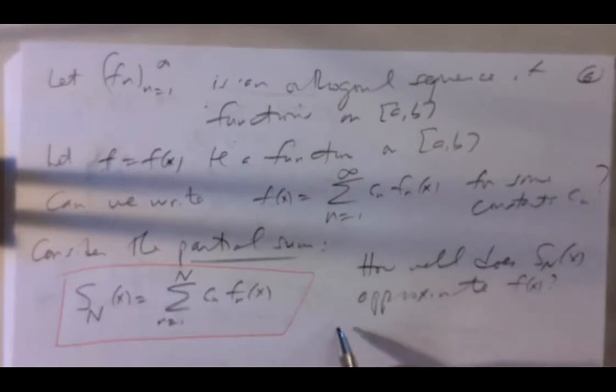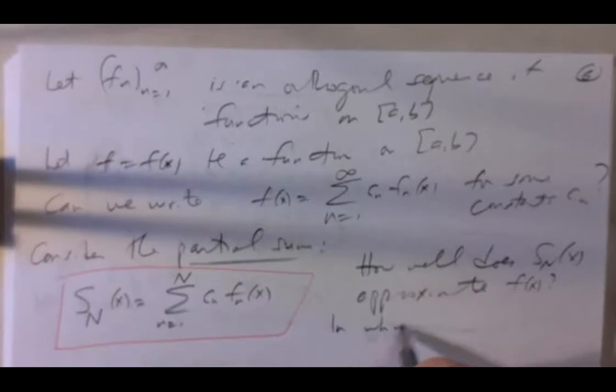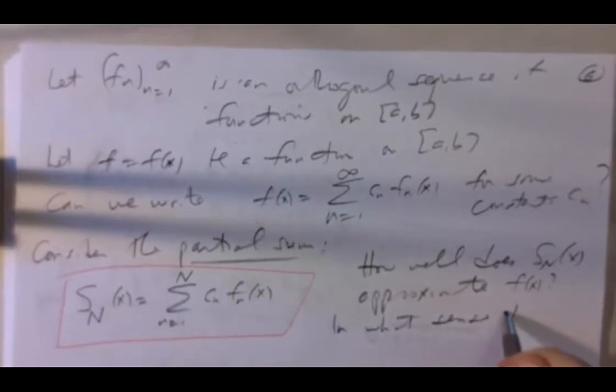And in what sense does the infinite series, f of x equals summation Cn f sub n of x, from 1 to infinity, converge to f of x?